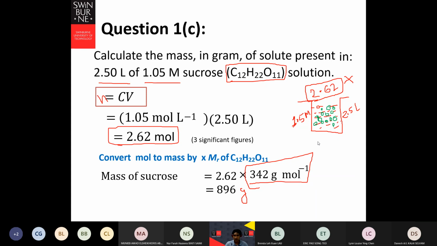I didn't do it, but yes, if you have done it. So in 1 mole, there is 6.023 times 10 power 23 number of molecules.